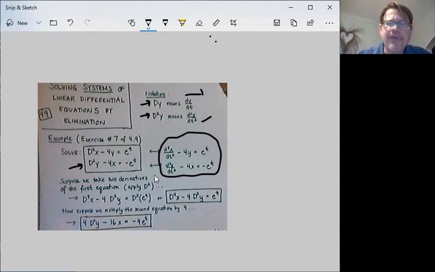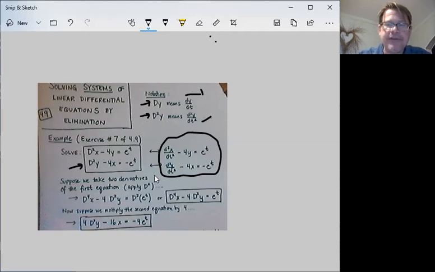Just as in solving a system of equations with two unknown values, we can try to do some elimination here. How we're going to pull off the elimination is by manipulating both the first and the second equations.